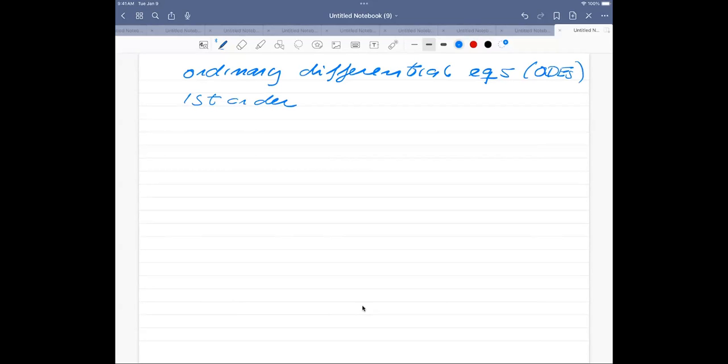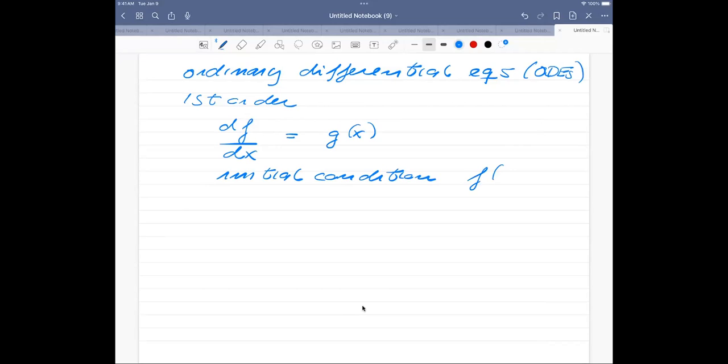One of the simplest possible cases is a function f of x whose derivative, df/dx, is given by some function g of x, and then you have some initial conditions. You could have an initial condition like f of x equals 0 given by some specific value a.